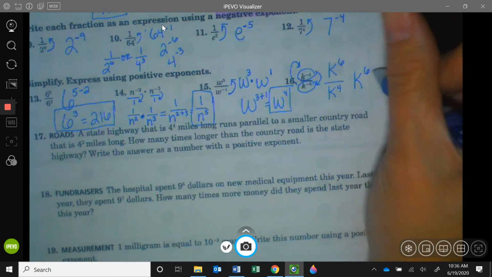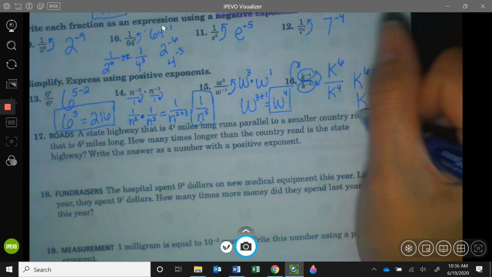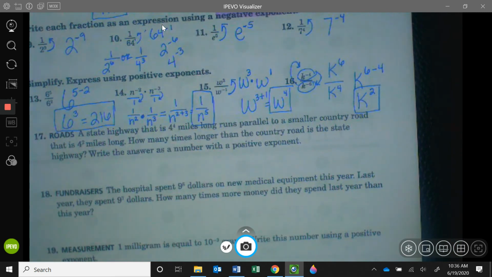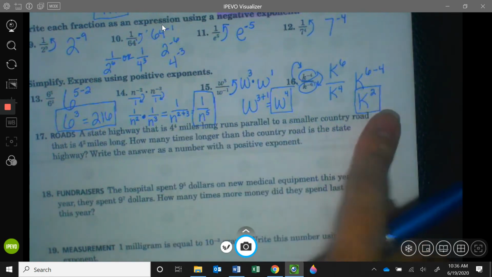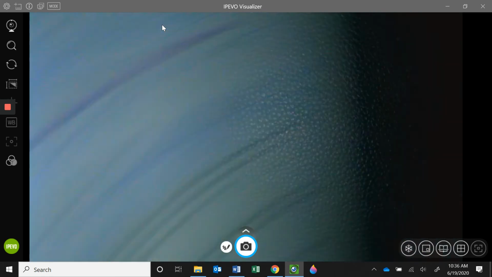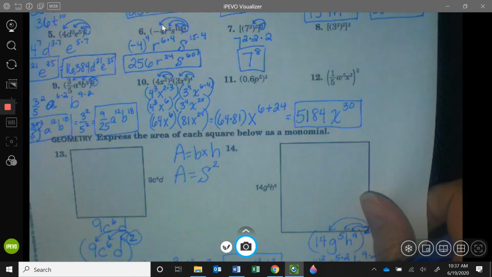So this is 6 take away 4, and so k to the 2nd power is your final answer. Okay, so make sure that you're moving your exponents if they're negative, and then going back to your other rules of if we add the exponents or if we multiply the exponents if they're being raised to a power.